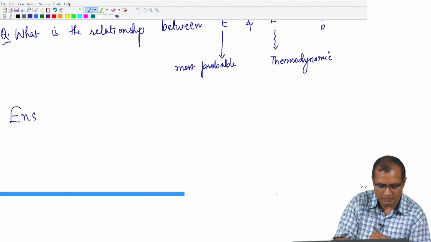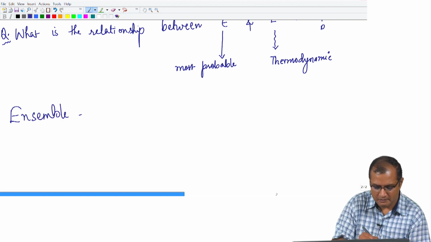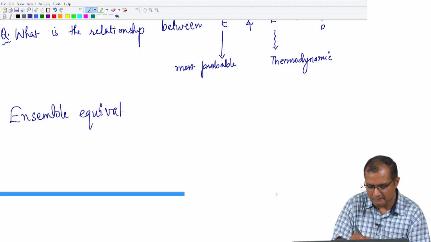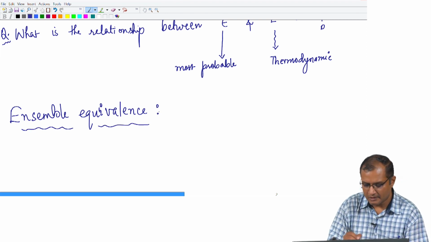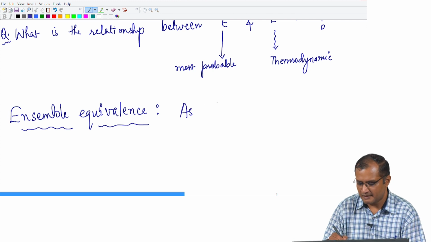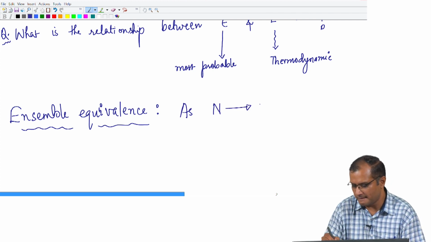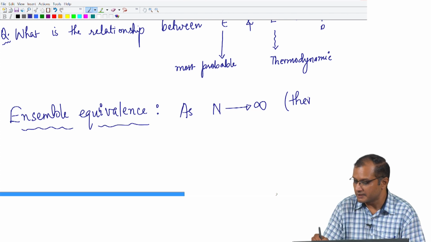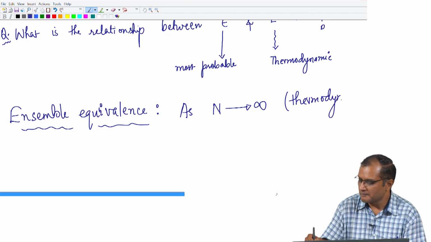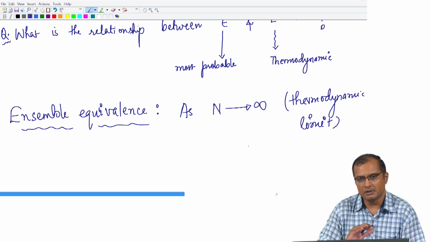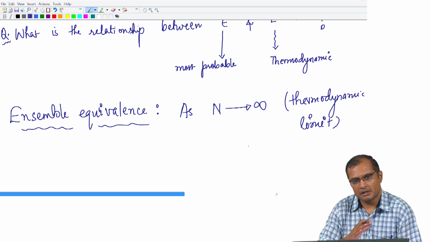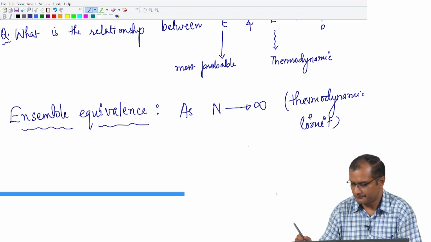So, the answer lies in the ensemble equivalence, which simply says that as n goes to infinity, when you reach the thermodynamic limit, the canonical ensemble and microcanonical ensemble become the same or indistinguishable.